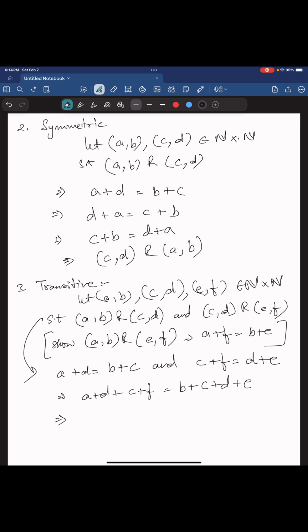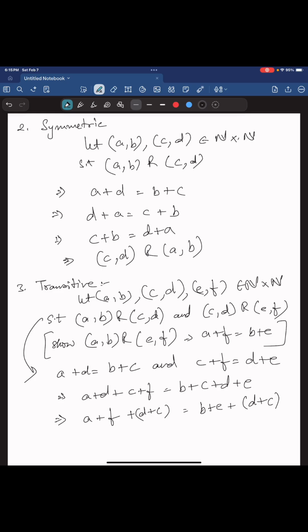If we rearrange, in other words if I use commutativity, I get a + f + d + c equals b + e + d + c.